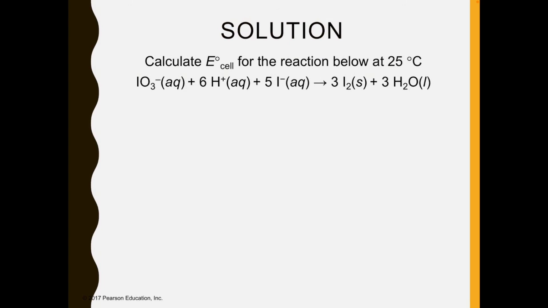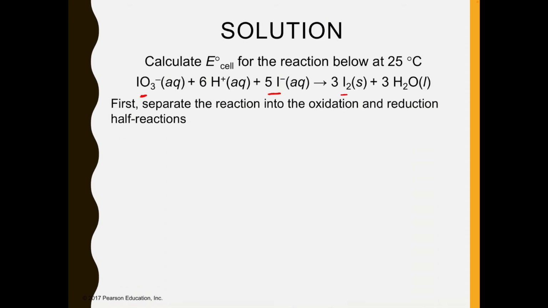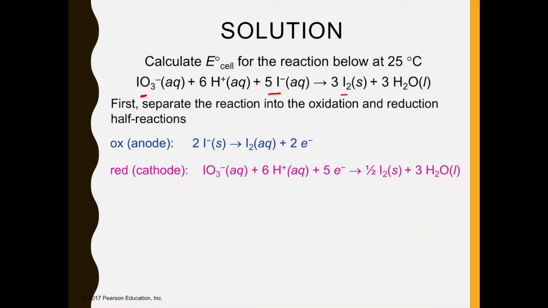Okay, let's go over this. So here we go. We have our iodine in both cases, right, is going to be either oxidized or reduced to I2. So it's easiest to see this one. We see I minus is going from a -1 to a 0. That means it's losing an electron, therefore it's being oxidized. So that was the easiest one to see, so we can trust that our iodate then is being reduced.